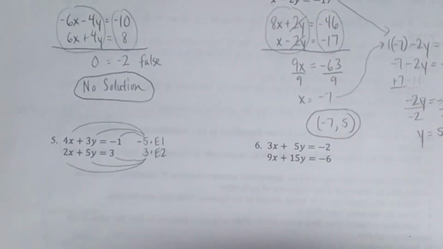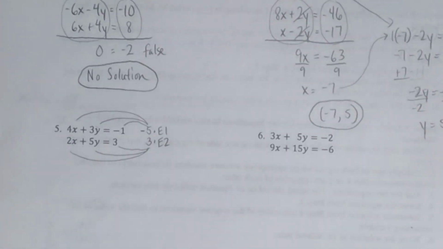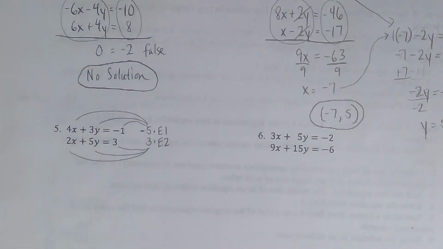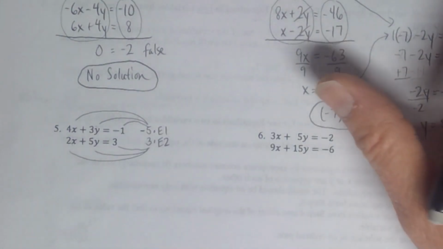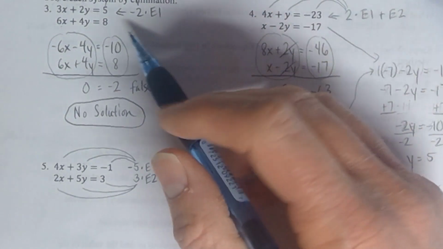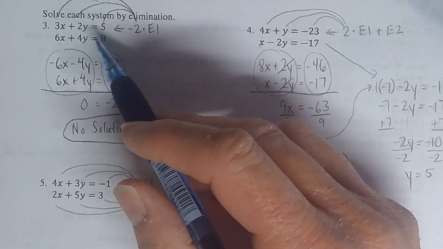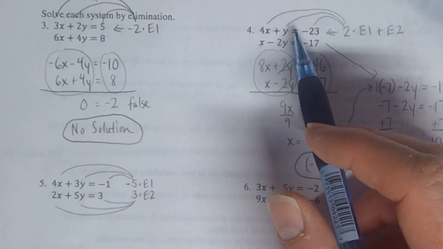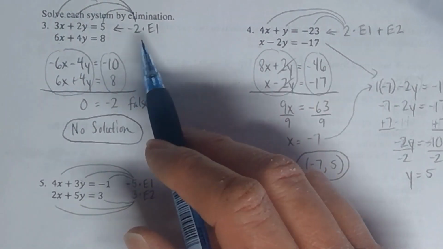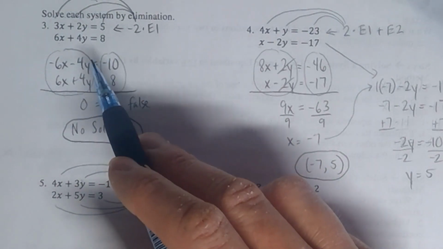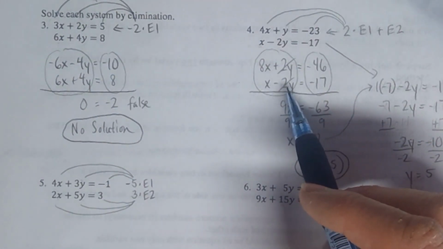Okay, so this is something that we sometimes have to do if you cannot just easily multiply by one of the equations in order to get the opposite terms, the opposite signs like we did in the first two problems, when we just had to multiply by one equation and we got the opposite signs that we wanted.